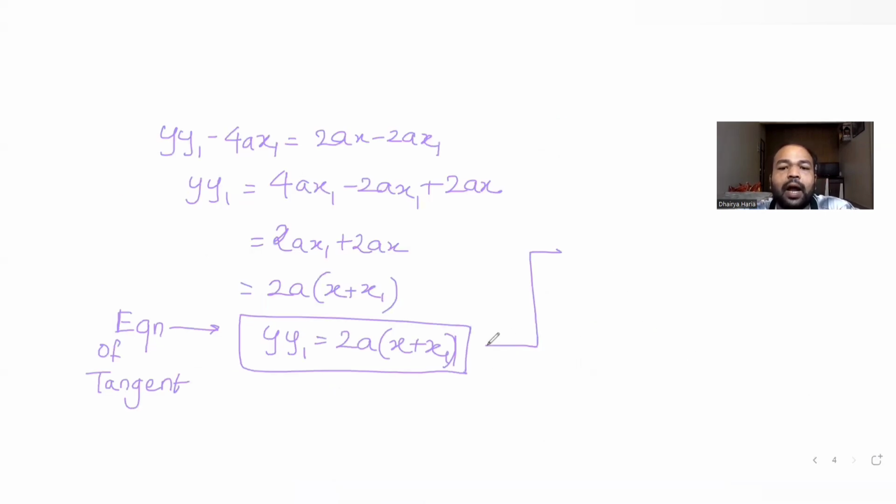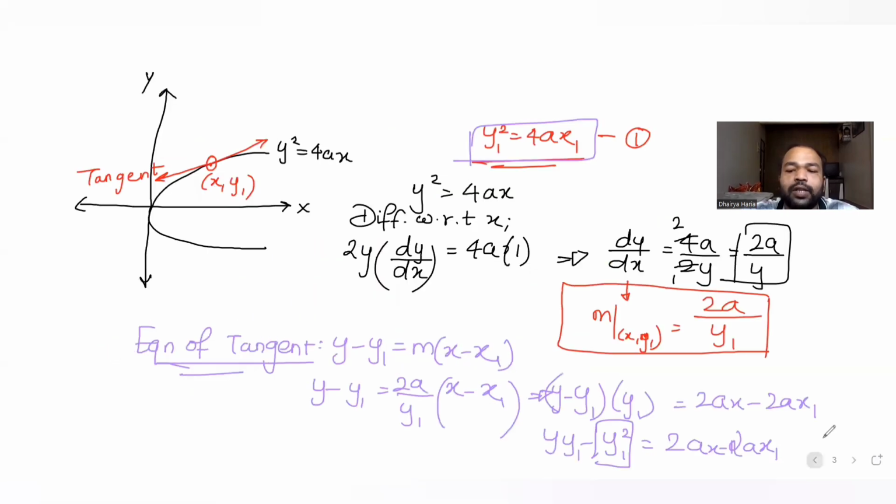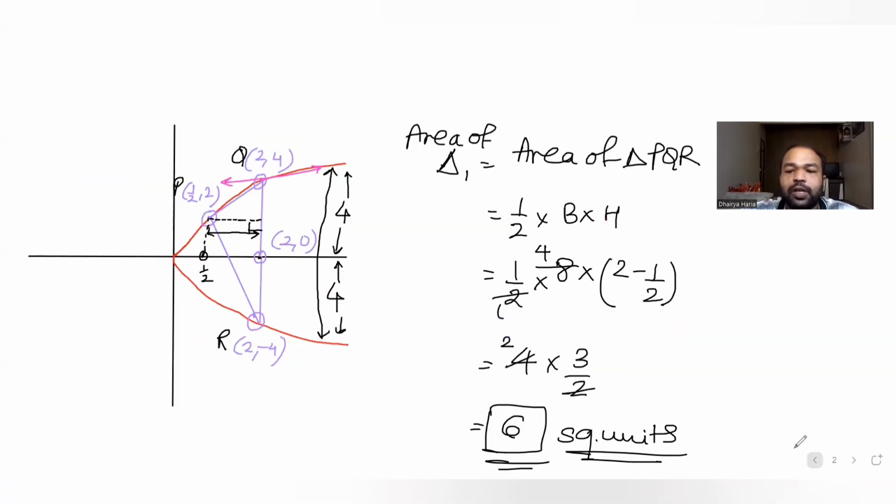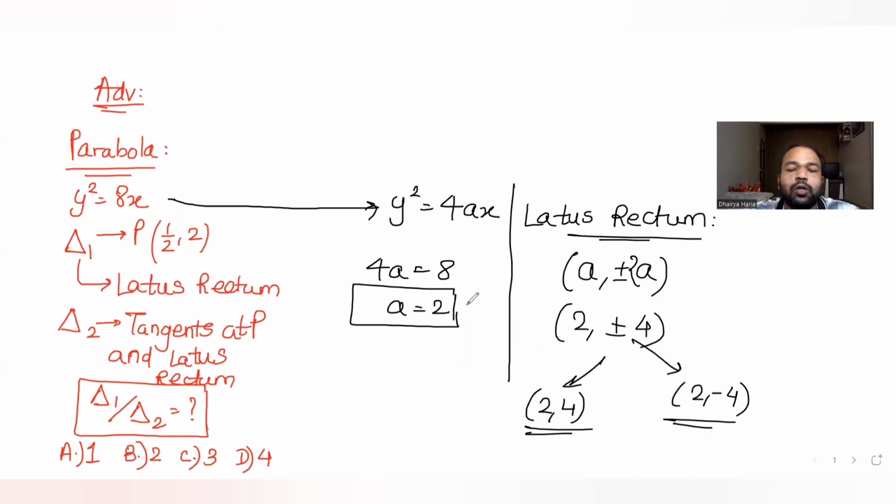So if I see at point P, we knew the coordinates were half comma 2. So I substitute the x coordinate as half, and the y1 coordinate as 2. So you get the equation of the tangent drawn at point P on the parabola as 2 into y is equal to 2 into a, x plus x1. A we already know is the same for all the 3 points. So let's substitute a first also. A is 2.